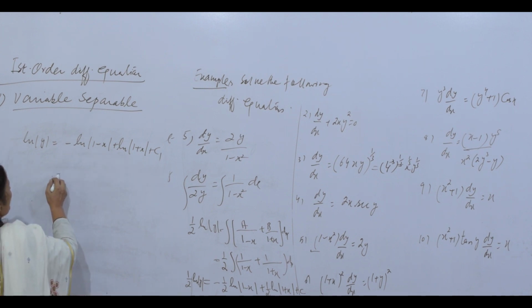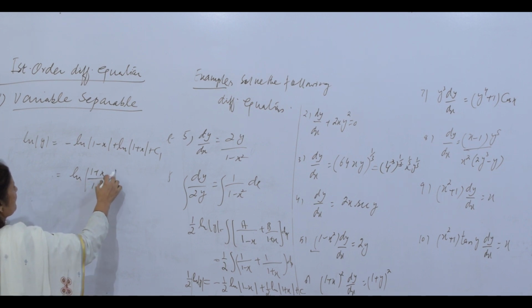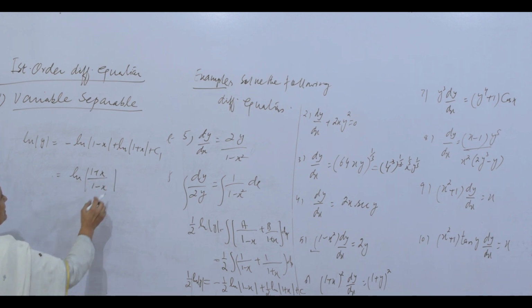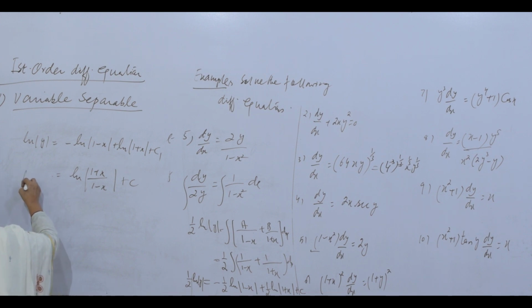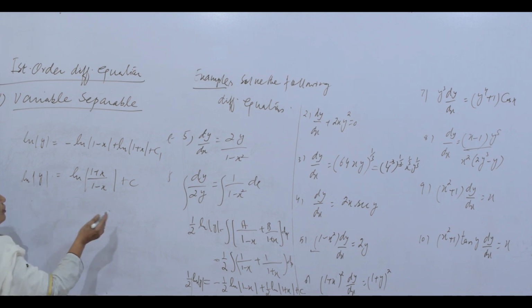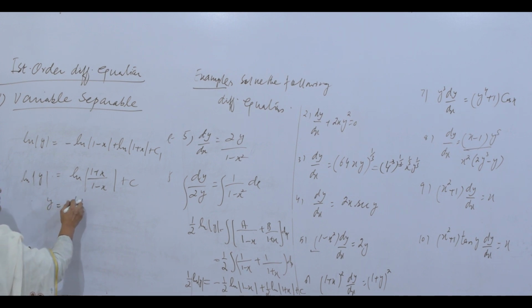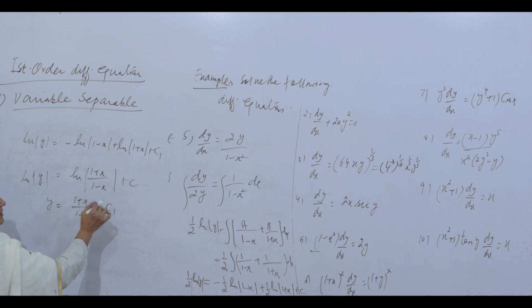So I can have natural log of (1 plus x over 1 minus x) plus c is equal to natural log y. You can leave the answer there, or if you take the anti-log, this becomes y is 1 plus x over 1 minus x plus c1, because e raised to power c1 is just another constant.